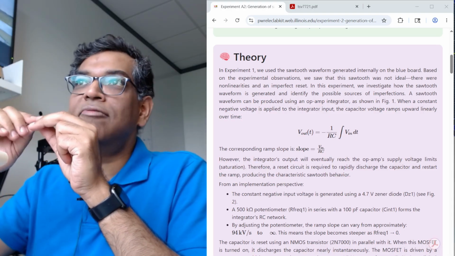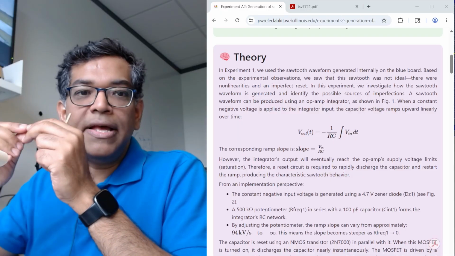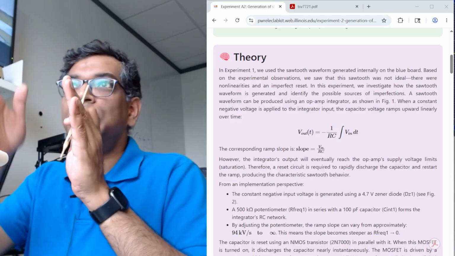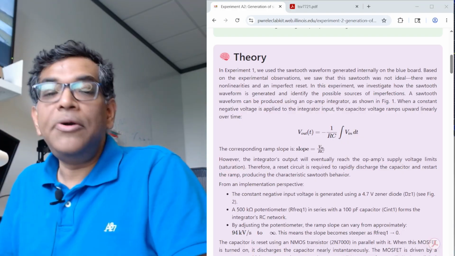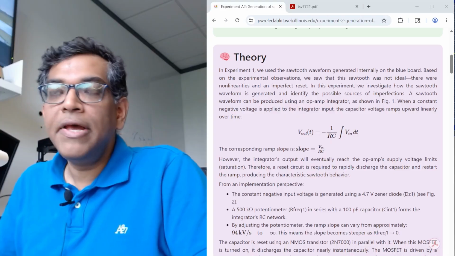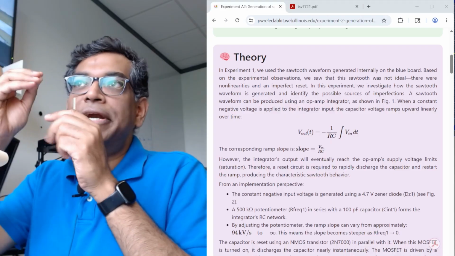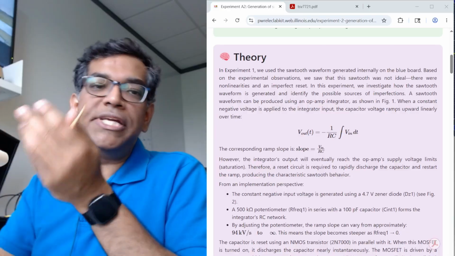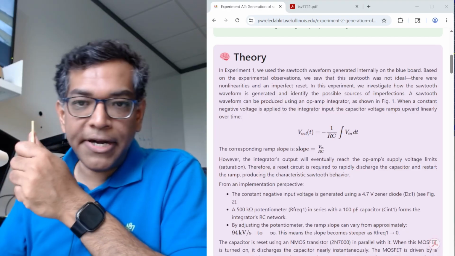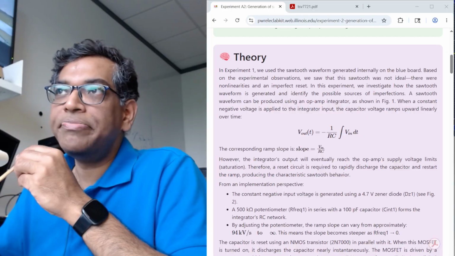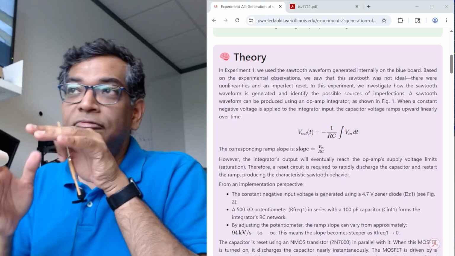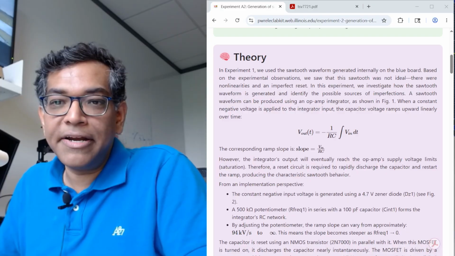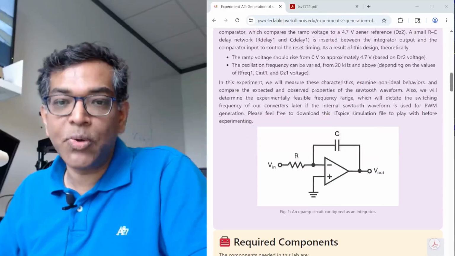If I integrate a constant voltage, it's a ramp, so it goes on, but obviously a sawtooth is a portion of a ramp, so you have to have a transition once the ramp reaches some particular value. So what we will do is keep monitoring where the ramp is, and as soon as it reaches a threshold, we will turn on a switch to discharge the capacitor of this op amp integrator. But something to think about here is that if you go by this basic formulation, there is a negative sign, obviously, in this op amp integrator, as shown in this diagram.